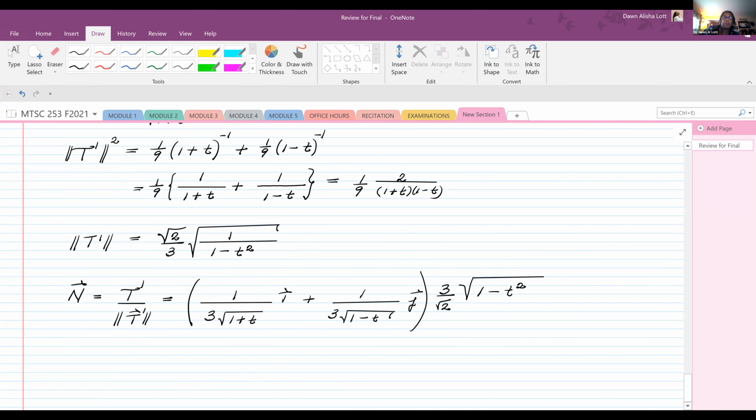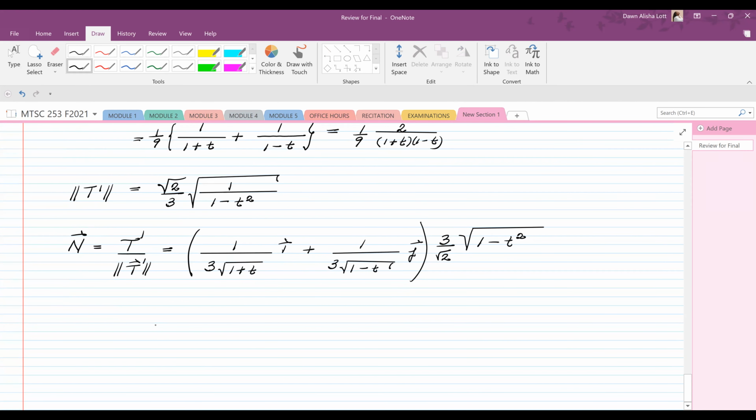How's that working for you? Now what happens? The threes can cancel out, good, and then the radical as well.